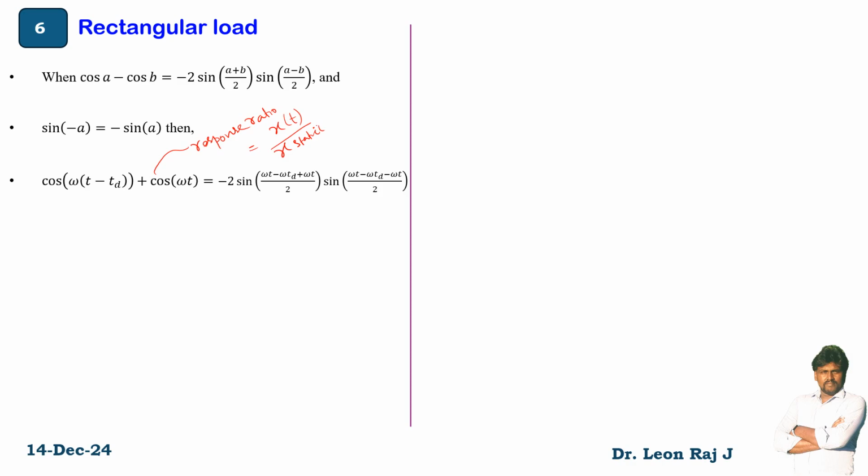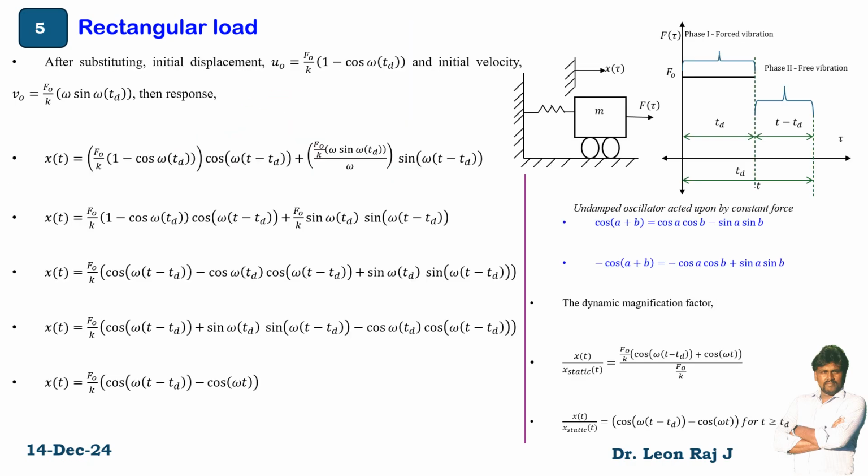Here you can see the formula: cos A minus cos B is equal to minus 2 into sine A plus B divided by 2 into sine A minus B by 2. There is a small correction here.